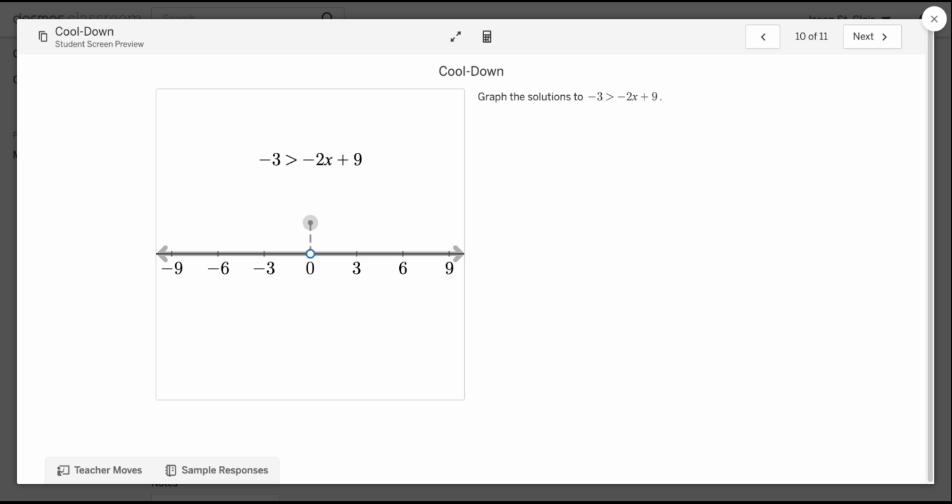That means now that negative 12 is greater than negative 2x. Divide by negative 2. That's going to leave me with positive 6. That's going to leave me with x. And since I had to multiply it or divide it by a negative, I have to flip the sign. So the solution for this is x is greater than 6. Which means place the dot on the 6. I'm going to leave it open because we're not including 6, and we are going to the right. And that's our answer.